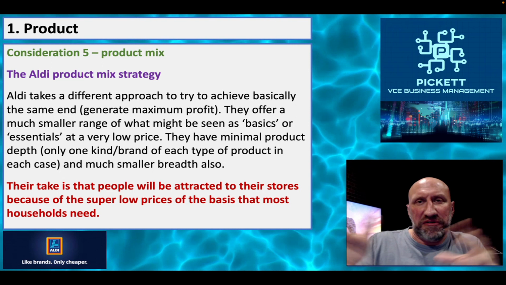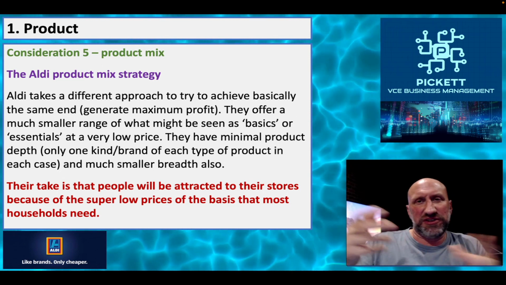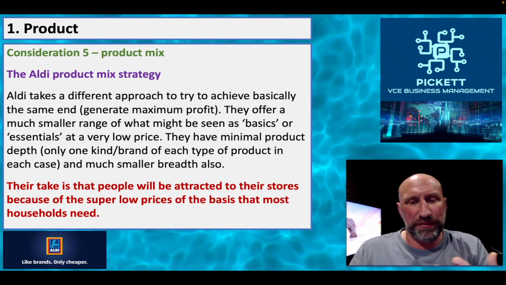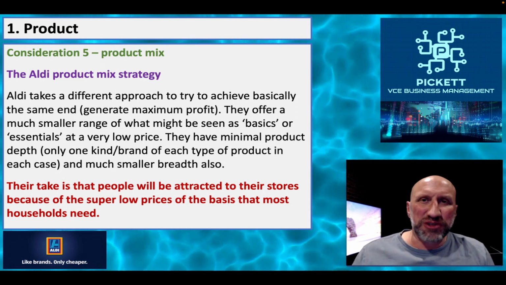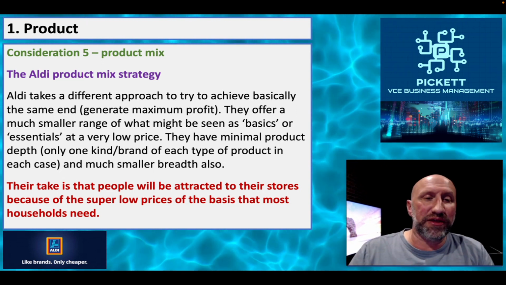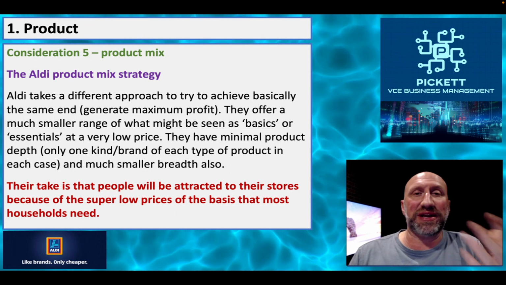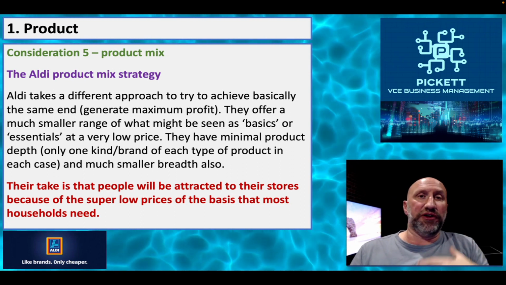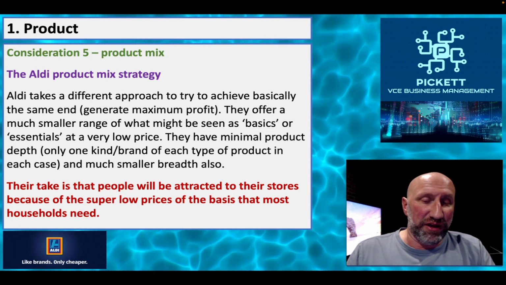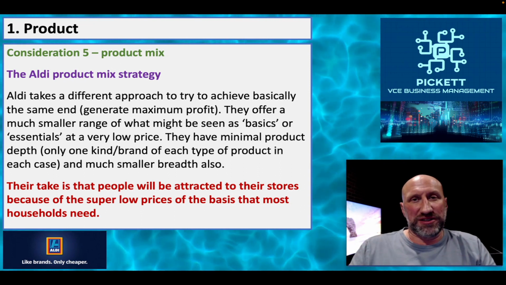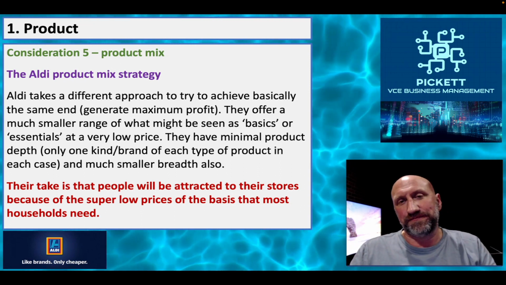A much smaller breadth, much fewer options, different size options, color options, or whatever it might be. So much smaller range, much smaller breadth. And their take is that people are going to be attracted to their stores because of the super low prices they have for the bulk of products that most people need.